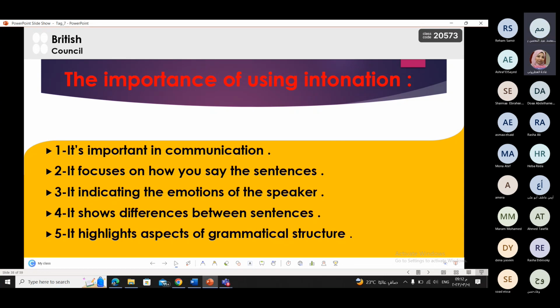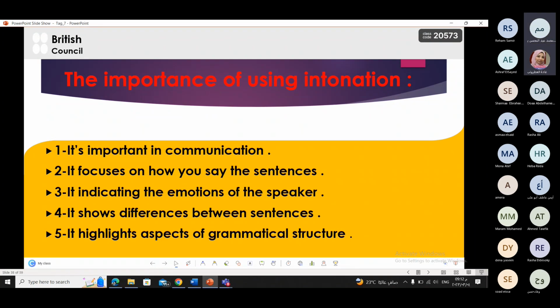For example, when we say "It's raining today!" it conveys that I'm happy, I like rain, right? "It's raining today." So I don't like the rain. So it is to do with the emotions of the speaker.